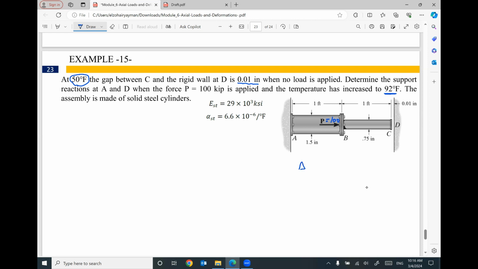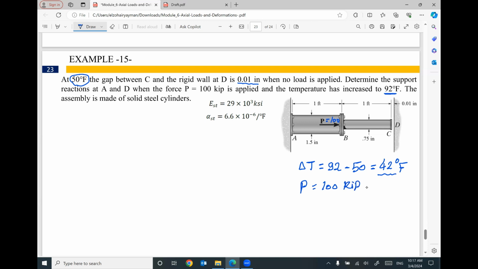We have a change in temperature equal not 92, not 50, but 92 Fahrenheit minus 50. So the change of temperature will be 42 degrees Fahrenheit. This is the value of delta T. And we have applied force P equal 100 kip.